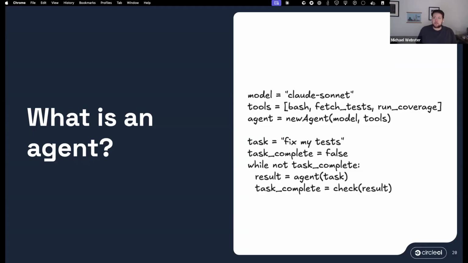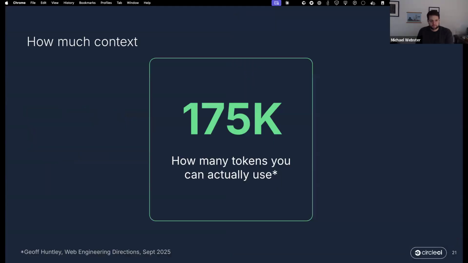That check could be a deterministic check. That check could be the model deciding that it's reached the end of an input and that the next most likely thing to do is to stop responding. It could be cost related, could be time related, but the point is you run this agent in a loop. And all of these tools, all of these tasks, the results of the checks that you're doing are all consuming context from the agent as it runs.